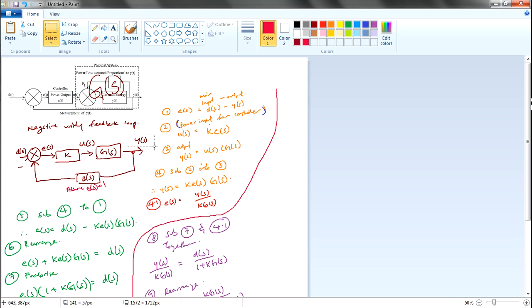So the output is being represented by the controller, the error, or the power losses, and the transfer function. And this U(s) is just a term to convey K and E(s) into G(s). So it's just a term only, that's all. Because if you're going to talk about components, it's just the transfer function and the controller itself.